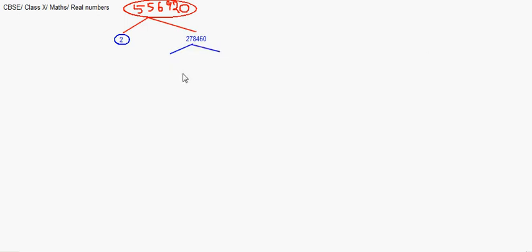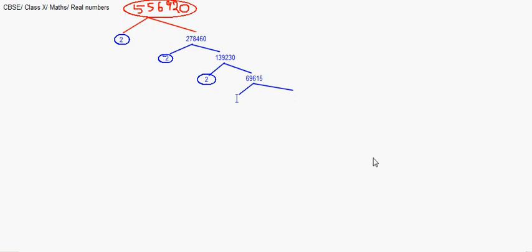This is also divisible by 2, giving 139230. Again dividing by 2 gives 69615. I am circling these to show that they are prime. Now here I think 5 will be better.